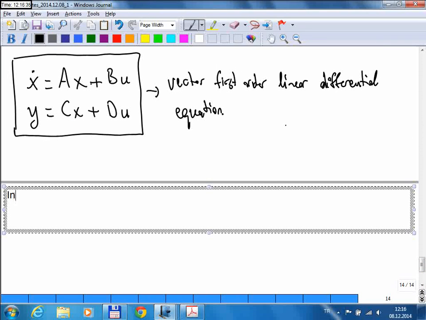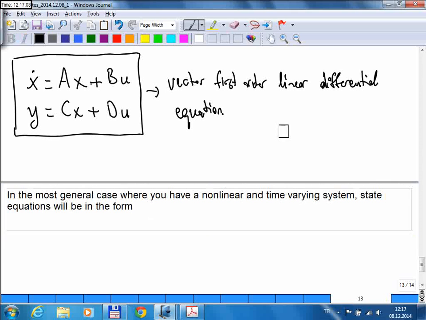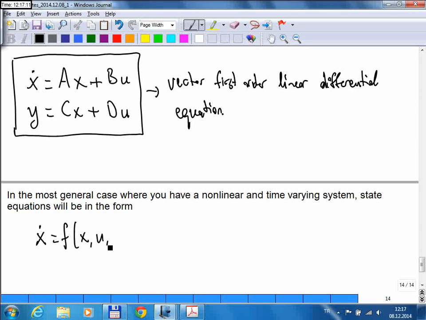Okay, so in the most general case where you have a non-linear and time varying system, state equations will be in the form x dot is equal to some nonlinear function of x and u and time.